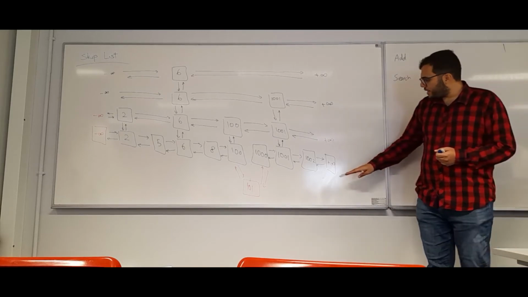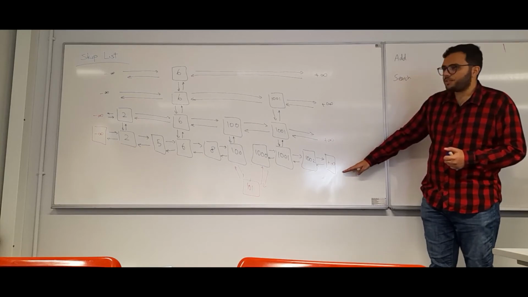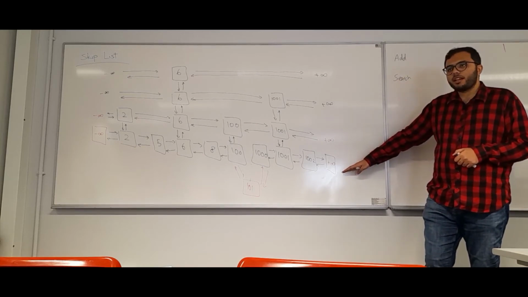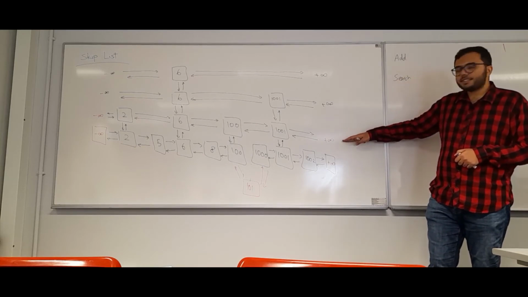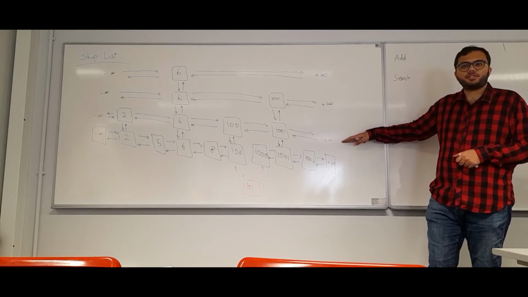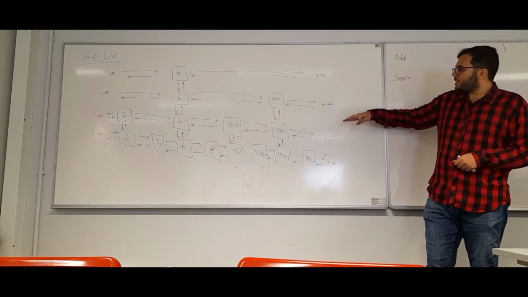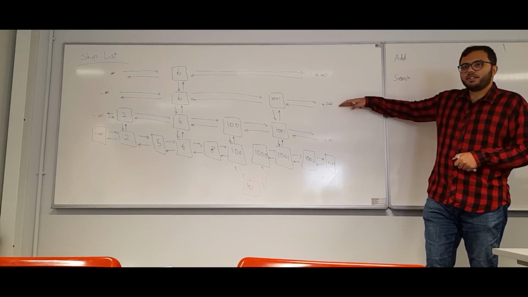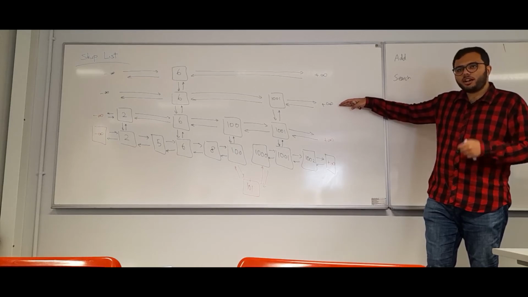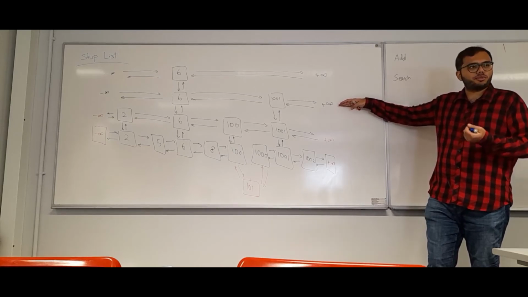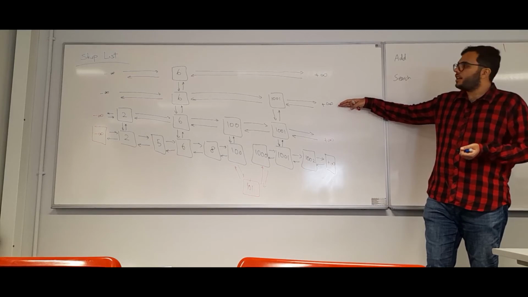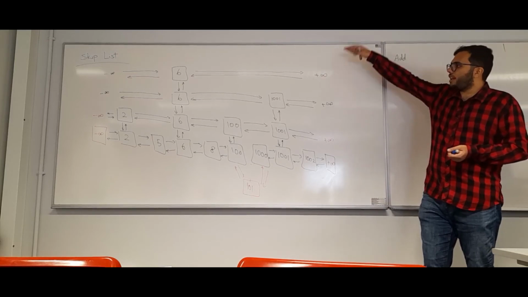So I definitely add it in the first level down here. But the probability that I add it in the second level is just a half, because I'm flipping a coin. The probability that I add it in the third level is 1/4, because I'm flipping 2 coins and both of them should come up heads. And then 1/8 and so on.